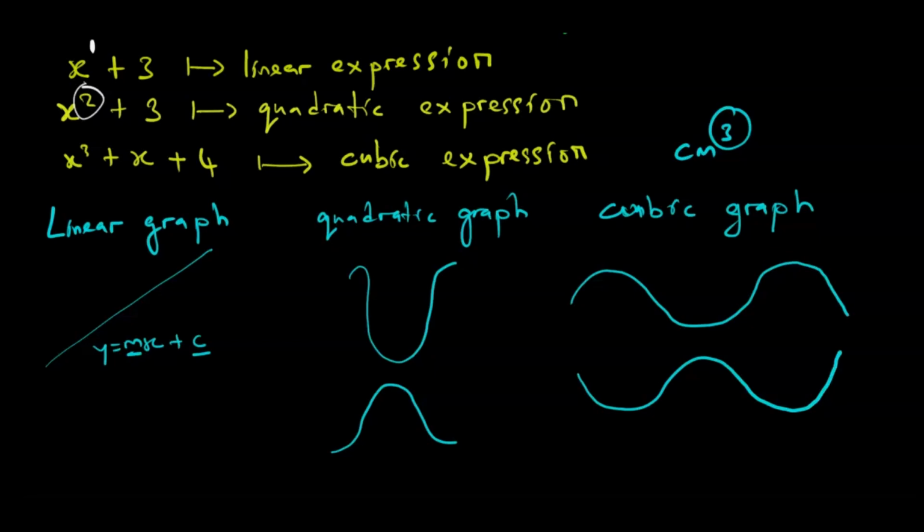As we go forward, in ordinary level, even in advanced level, there is a topic in pure mathematics called polynomials, where you can be given any form, any type of expression, x to the power whatever.